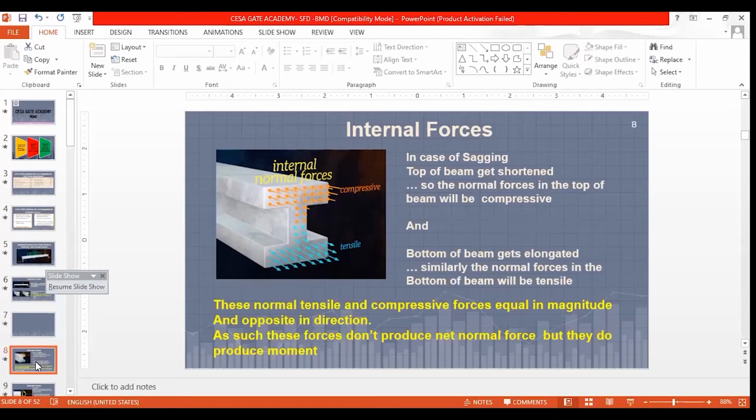Such forces don't produce a net normal force, but naturally there is a moment, so they do produce a moment, as these normal forces are equal in magnitude but opposite in direction.